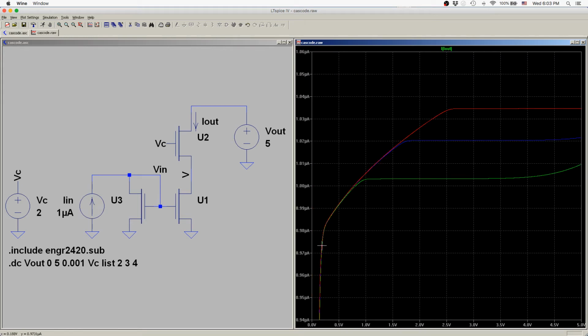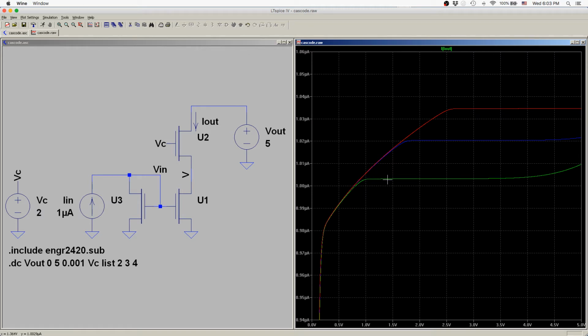You can see that we have sort of one slope going on here, and this is the RO slope, the ordinary early effect resistance of the transistor. And you can see that this looks like a huge change, but it's only going from like 0.98 microamps up to 1.03 microamps, which is a change of about 4%, something like that, 5%, which is what we kind of expect for the early effect.